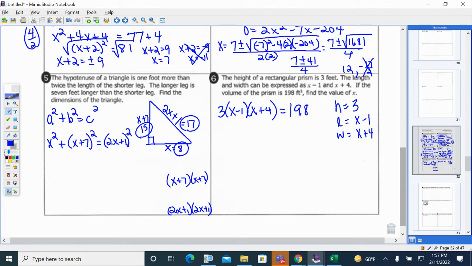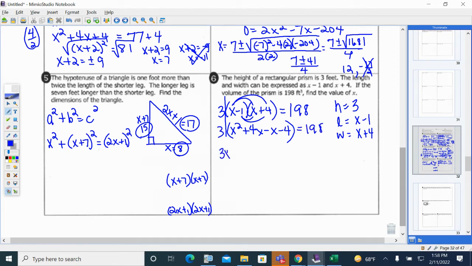So let me get this down to the quadratic. We are going to FOIL. You can only multiply two things at a time. So I'm going to multiply the x minus 1 times the x plus 4. We get x squared plus 4x minus x minus 4. And that's going to get multiplied by 3.